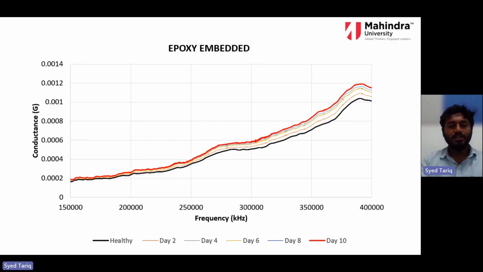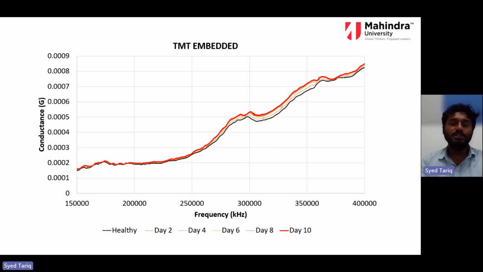For the first 10 days, we can see how the epoxy embedded RC element deviates. It follows the trend very nicely, and there are very small changes in the peaks in the amplitude of the conductance signals day by day. Then for the TMT, the same for the first 10 days at a frequency of 2 days.